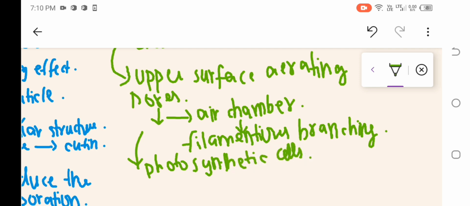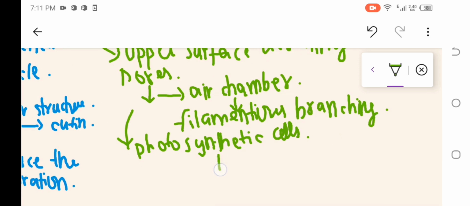Now air having carbon dioxide enters through the pores, and carbon dioxide from the air is absorbed by these photosynthetic cells and then diffuses in the cytoplasm. So this is how they can easily absorb the carbon dioxide.